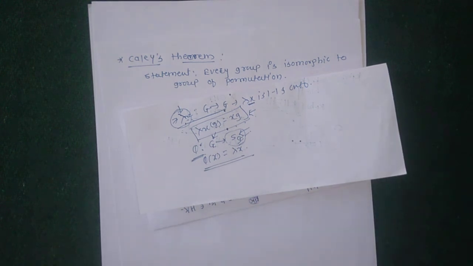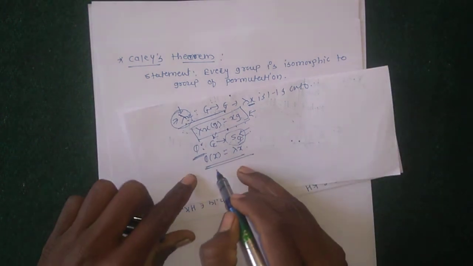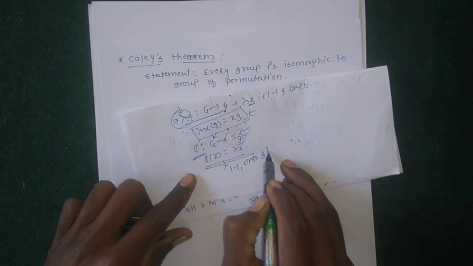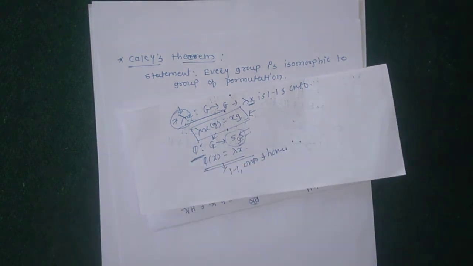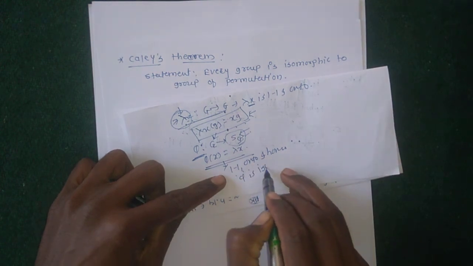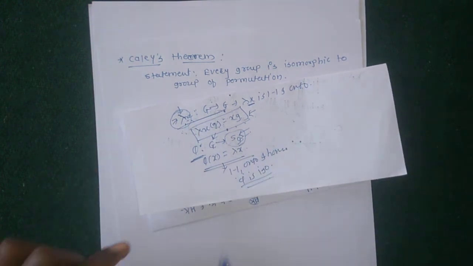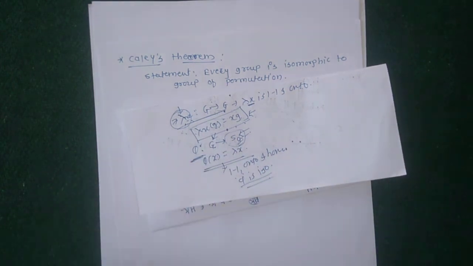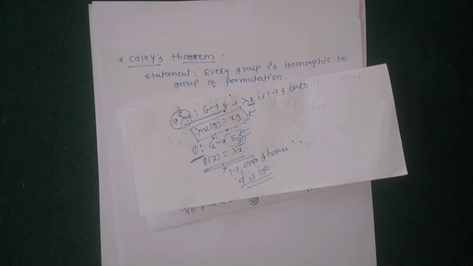We show this is 1-1, onto and homomorphic, which implies phi is an isomorphism, and so G is isomorphic to a group of permutations. That means every group is isomorphic to a group of permutations.